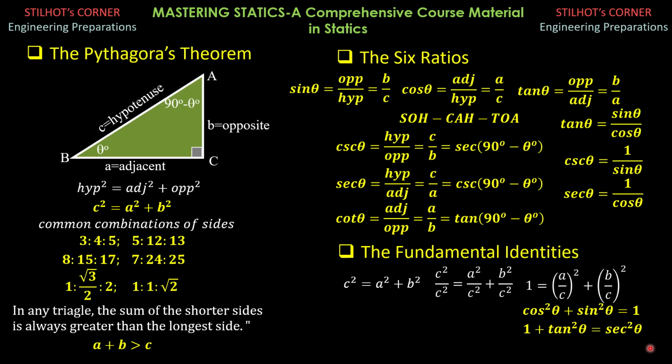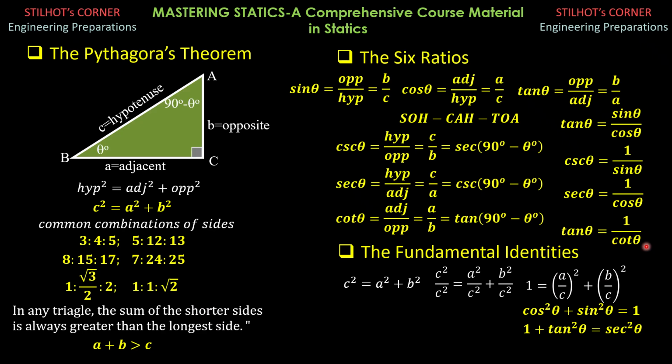And lastly, if we divide everything by sine square, cosine square over sine square is cotangent square theta plus sine square theta over sine square theta is 1, and 1 over sine square theta is cosecant square theta. So in other words, cotangent square theta plus 1.